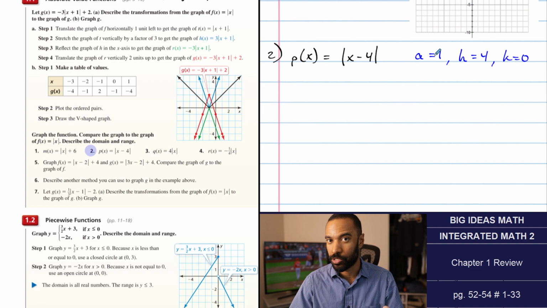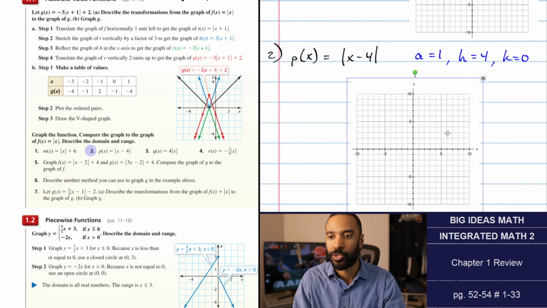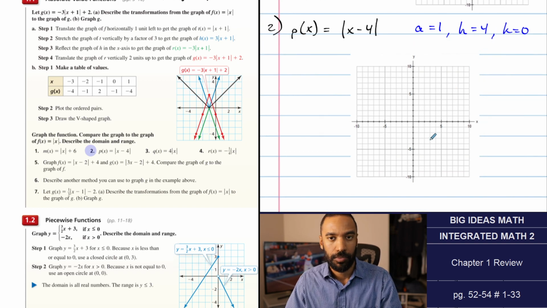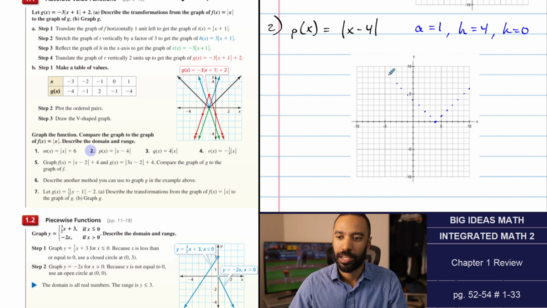That means there's only a horizontal translation this time compared to the previous one, which had only a vertical translation. So instead of starting at the origin, we start at 4, 0. Still a rise and run of 1 like so. No change in vertical stretch and no reflection. So like that, and then we'll connect our dots.